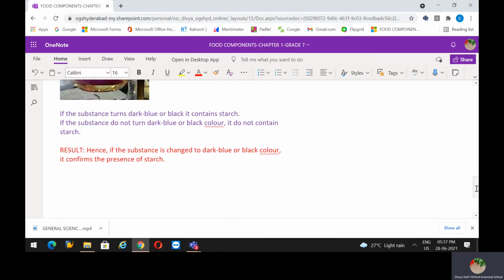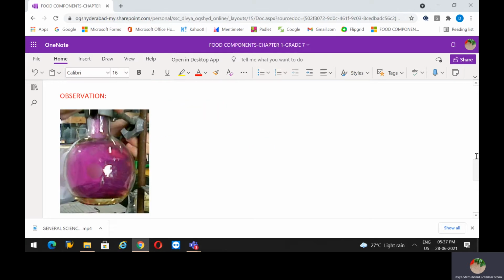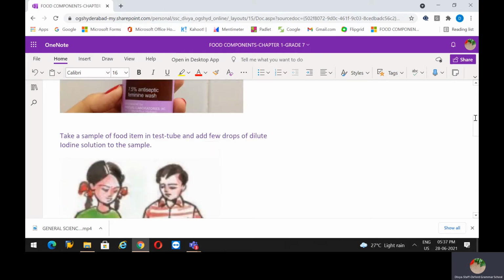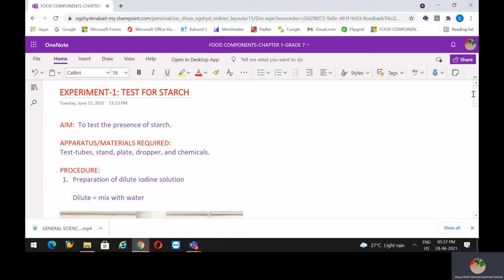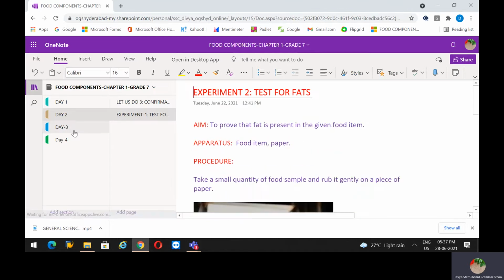This is the observation, and the result of the experiment is that the substance changed to dark blue or black color, and only then it confirms the presence of starch. That's it. So this is about the presence of starch experiment. Starch is nothing but carbohydrates, nothing but glucose. So let's get into the next topic.